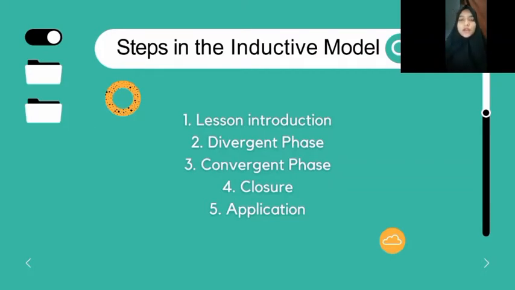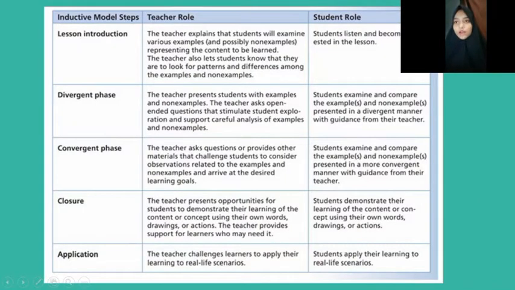Here we have the table of the teacher roles and the student roles in the inductive model steps. As you can see, in lesson instruction, the teacher explains that students will examine various examples representing the content, while the students listen and become interested in the lesson.